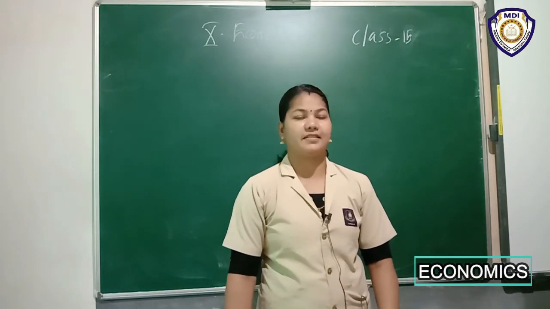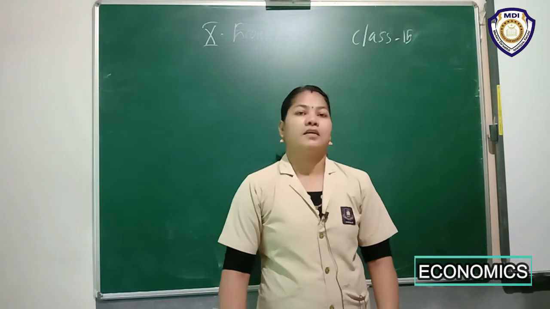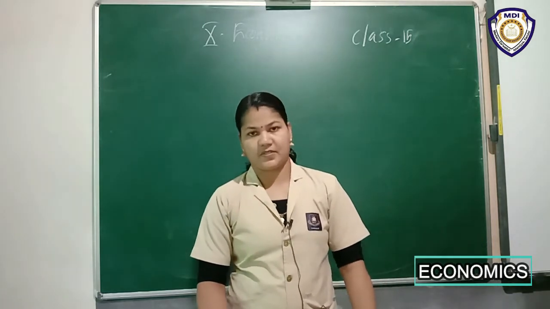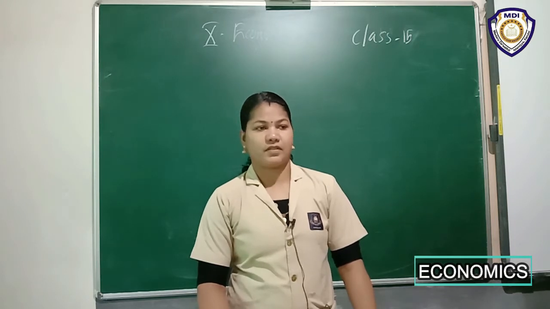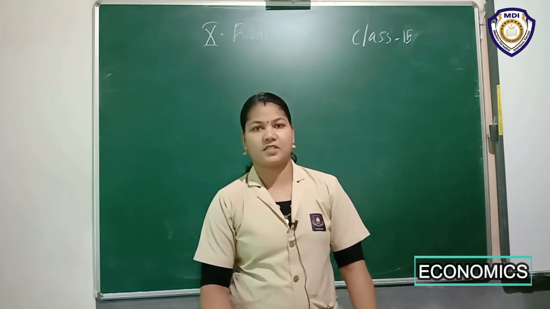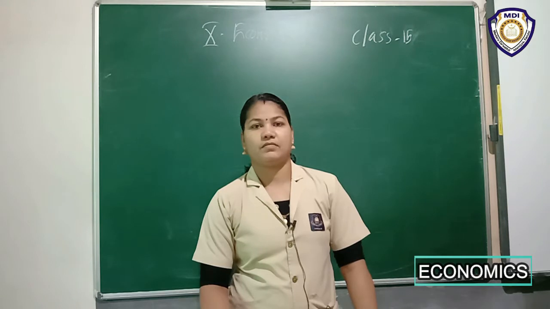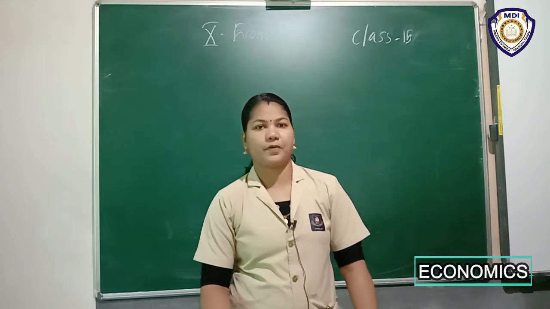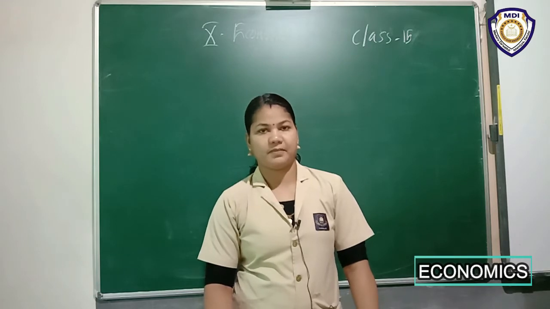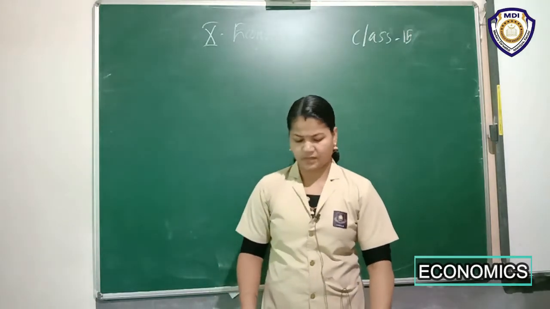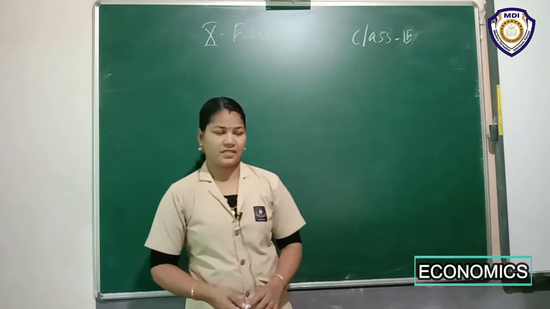The bank is the mediator. Then we discussed there are two credit situations. What was the after effect of that credit situation? A big problem was created, that is the debt trap. What is the reason behind the debt trap? And so many things we discussed.